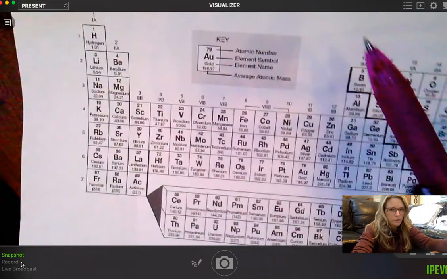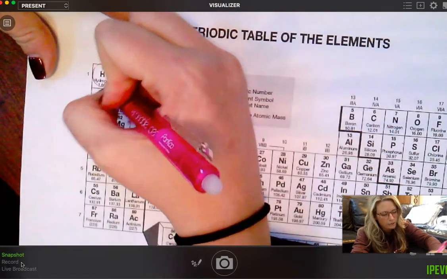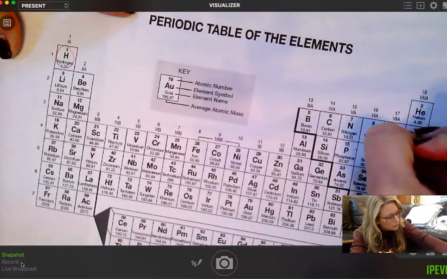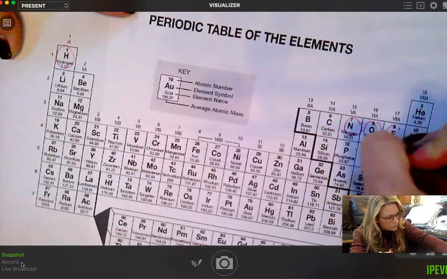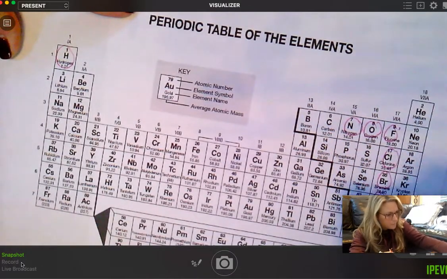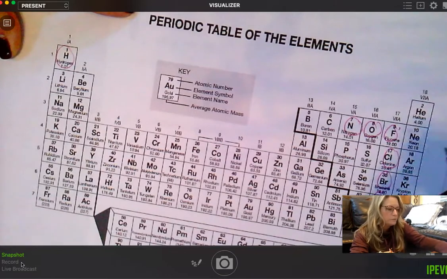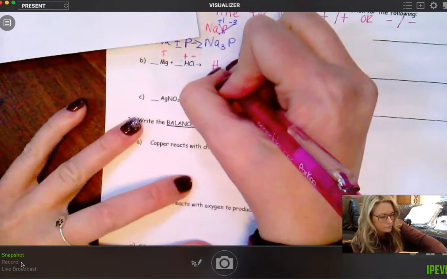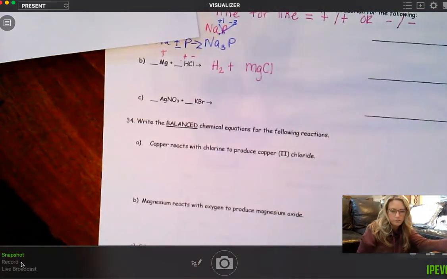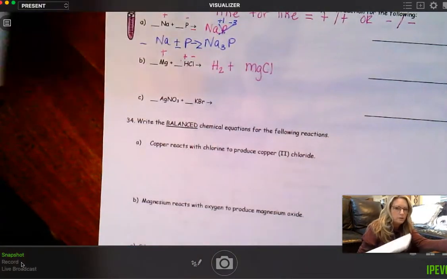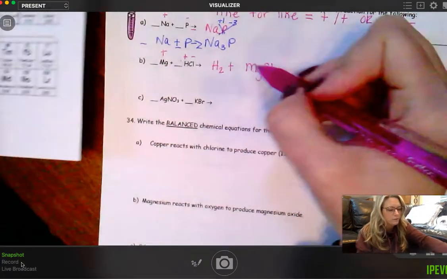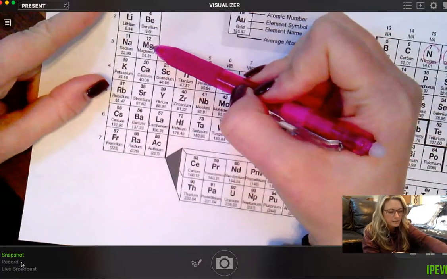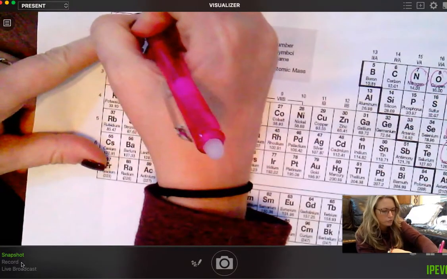Okay, so let's start with the H. There's one thing we know: hydrogen and these 7 guys right here, those are called our diatomic elements. So we know that when they're alone in an equation, they're always going to be H2. So you have to make that H2, or it could be O2 or F2, since it's by itself. Okay, the Mg and the Cl. Here's magnesium, this is our +2 group.